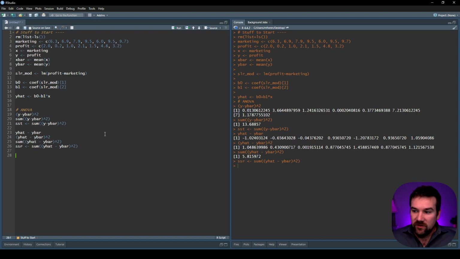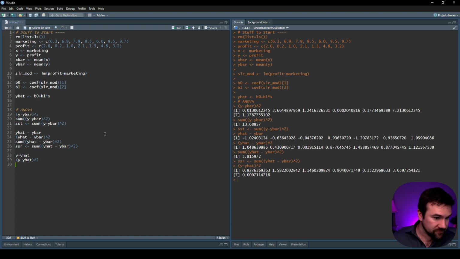And then sum of squared error, very similar. SSE, we have our Y minus Y hat. We take each of these and we raise them to the second power, add them all up.